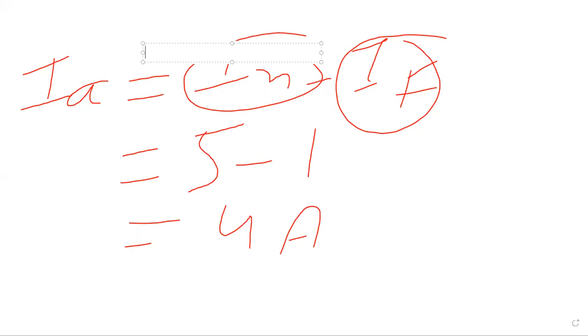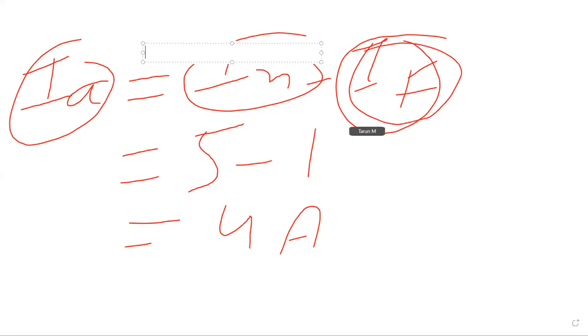Guys, clear or no? IA is the armature current. IM is the motor current, total current. And IF is the current through the resistor RF, right? We calculated IF first, right?